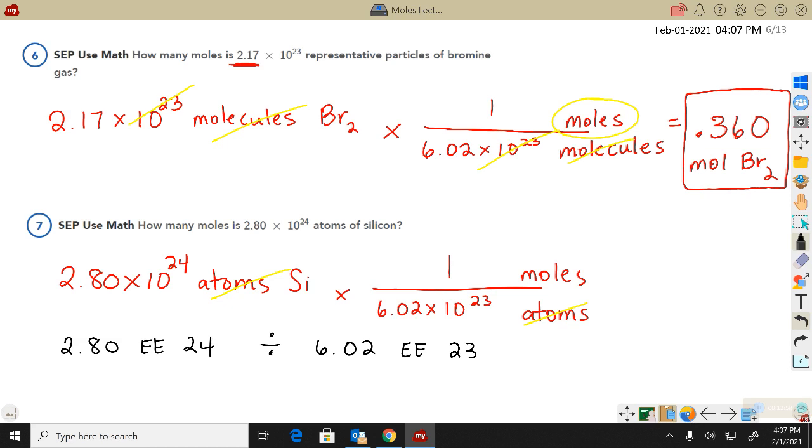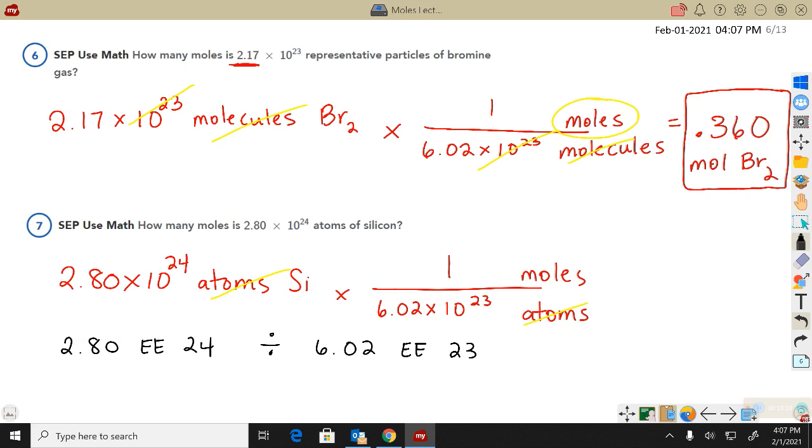2.80 EE24 divided by 6.02 times 10 to the 23rd, E23 or EE23. Awesome.